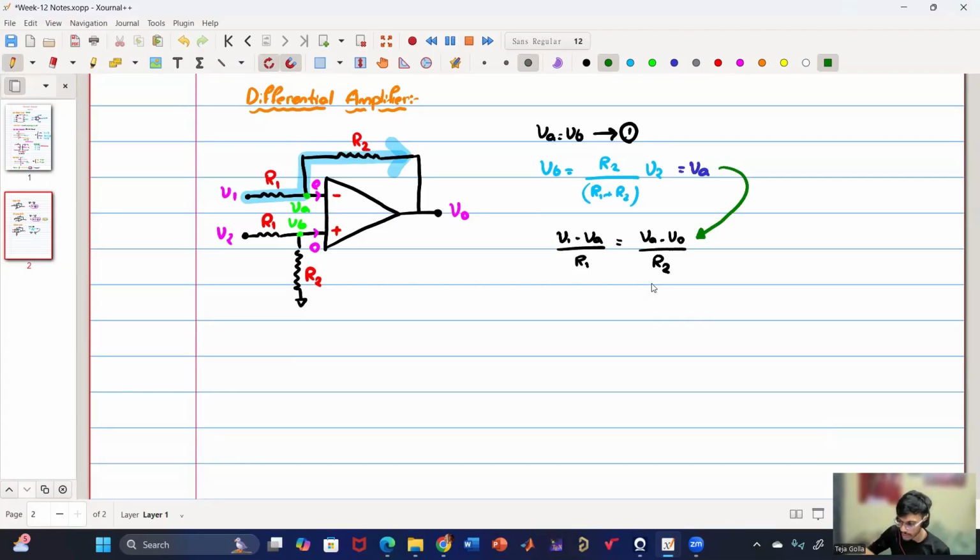So let me know the expression for V0 in terms of V2 and V1. So simplify everything, bring everything on one side of the equation, keep V0 on the other side and solve for V0 and let me know. Let me know the value of V0.